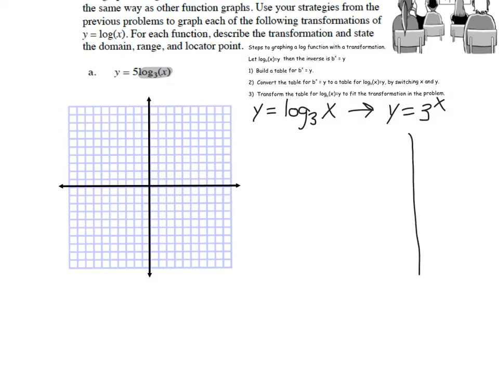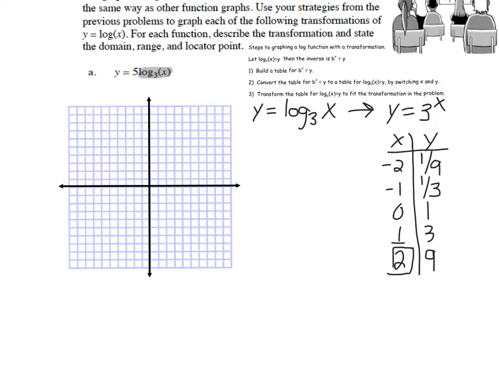Let's build a table for y equaling 3 to the x. Let's go -2, -1, 0, 1, 2. If I plug 0 in there, 3 to the 0 is 1. 3 to the first power is 3. 3 squared is 9. Going the other direction with my negative x values, 3 to the -1 is 1/3. 3 to the negative 2 is 1/9.